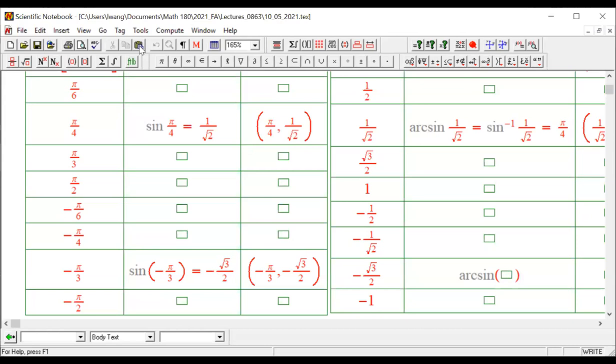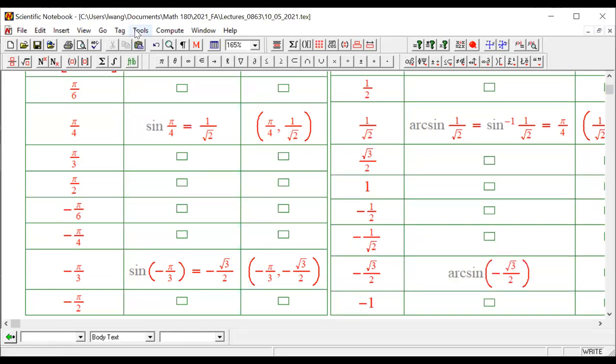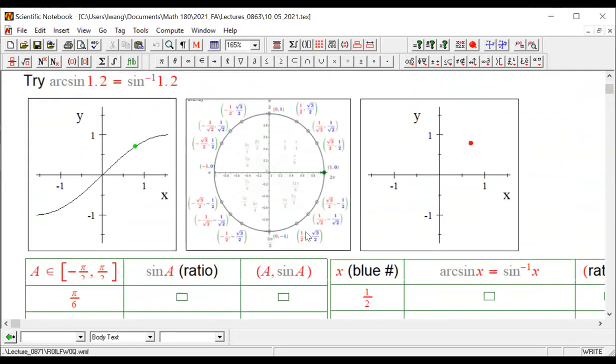What do we do? We do DRA, being mindful of the domain and range. Okay, so now negative root 3 over 2. So you're going to look for the negative root 3 over 2.